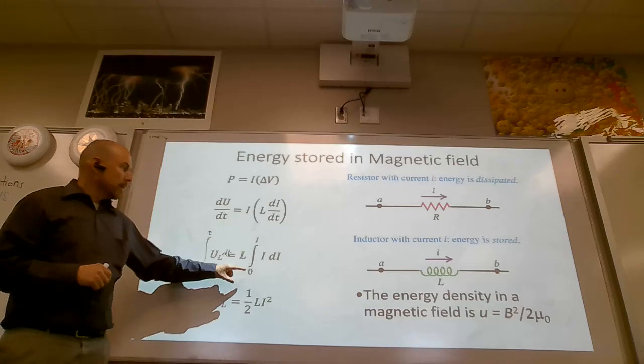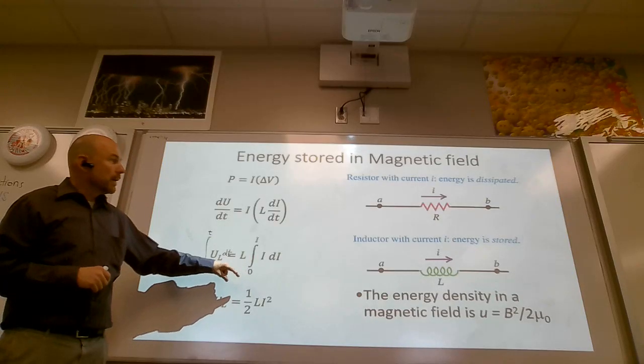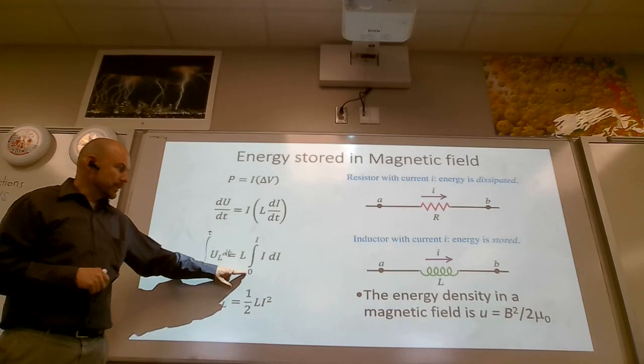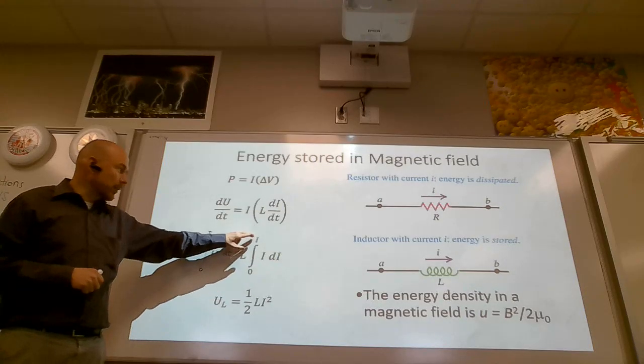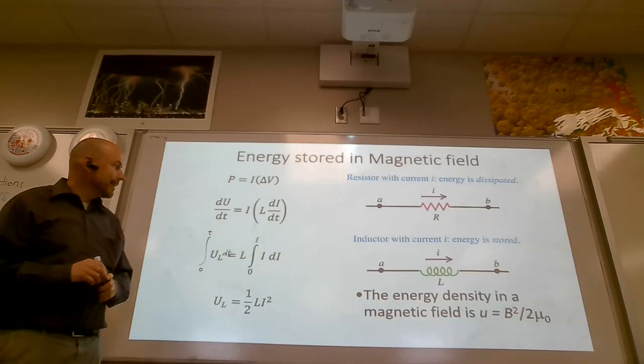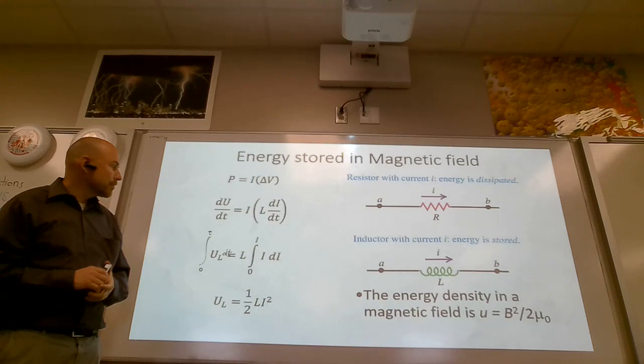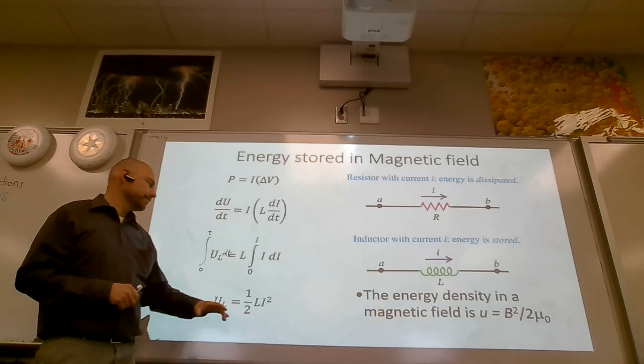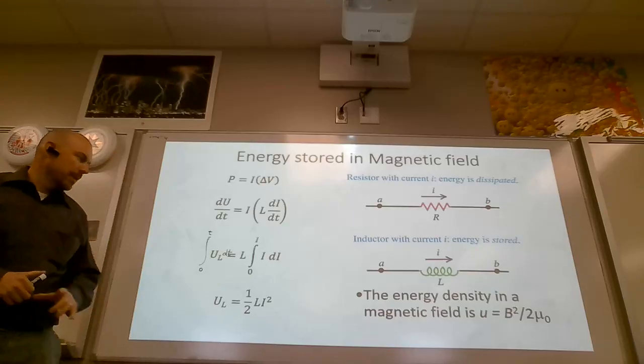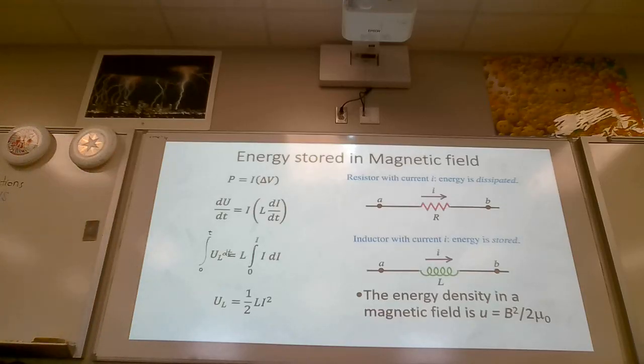And here we're assuming we're starting at 0 current, so we're just turning it on, and we're going to some current. And when we integrate that, we just get 1/2 L i squared, and that is on the equation sheet, just like that.